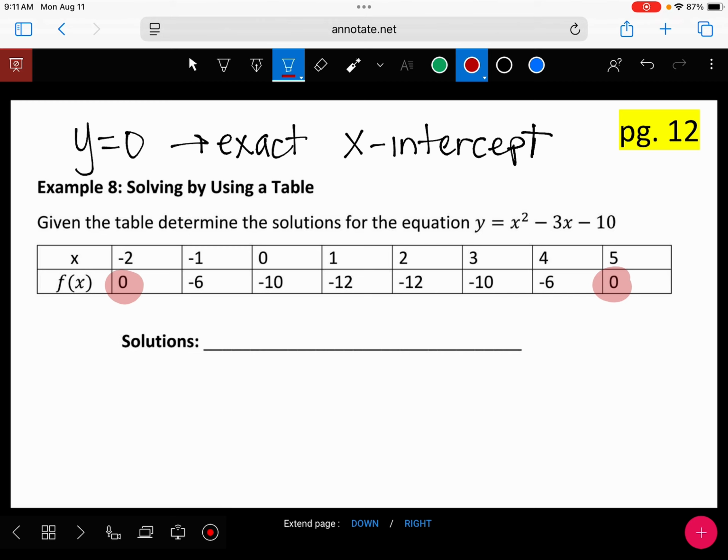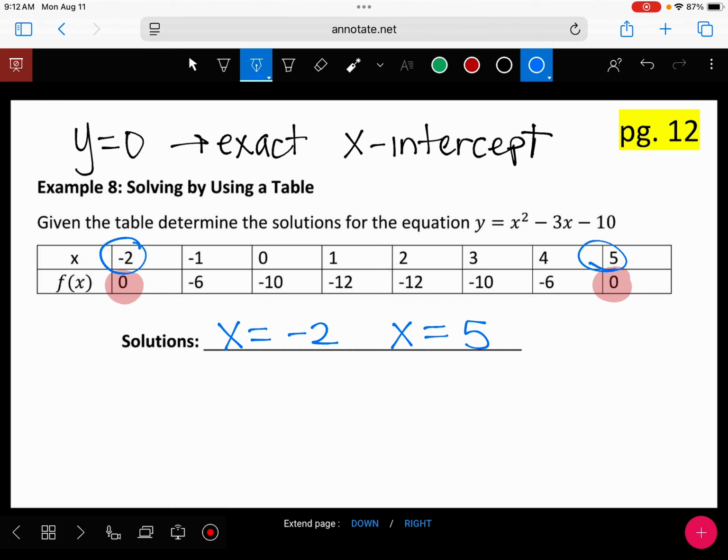So that means that I can tell the exact solutions, which would be a -2 and a +5. So it's not a decimal. x equals -2 and x equals +5. The definition of x-intercept is the x value when y equals 0. Sometimes that number is whole and sometimes it's a decimal.